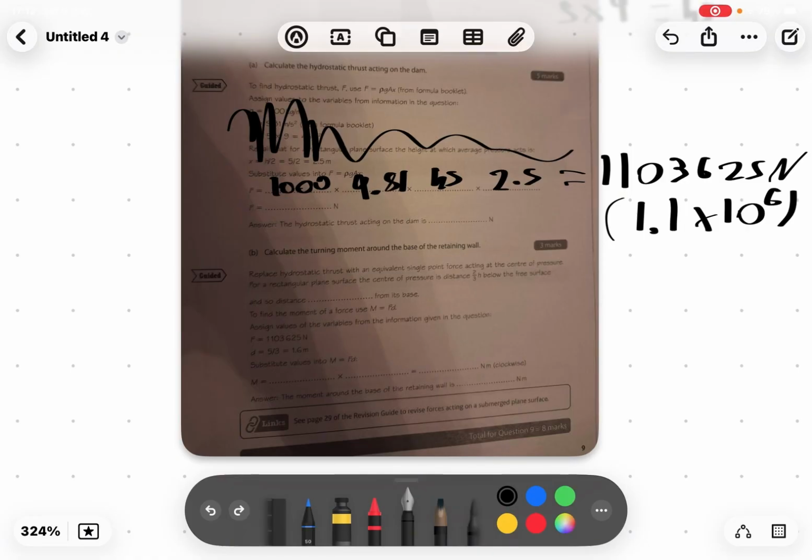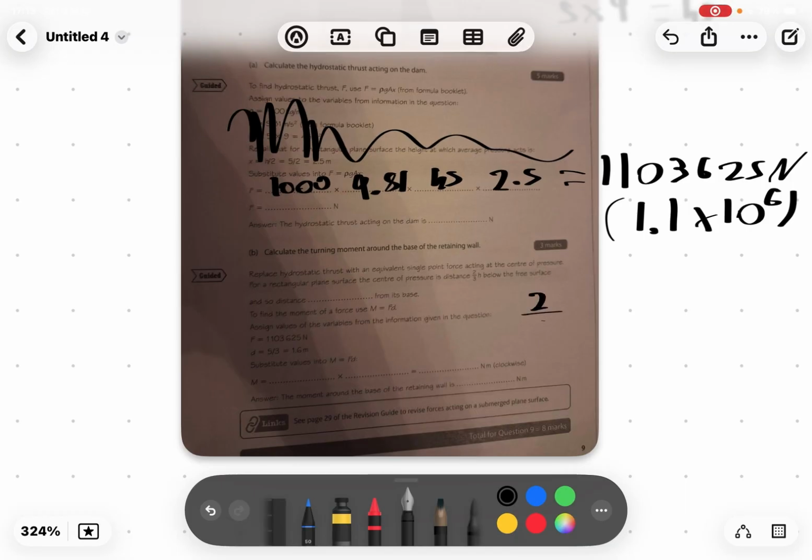So the formula is, basically what we're looking for initially is the height, and this is the formula: 2 over 3 times the height.